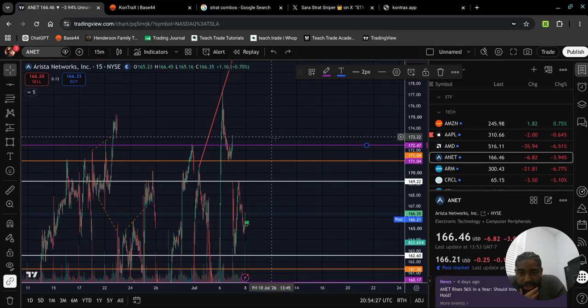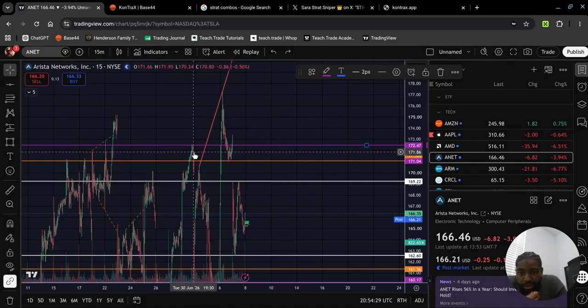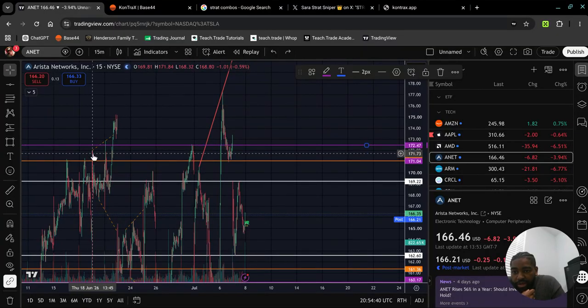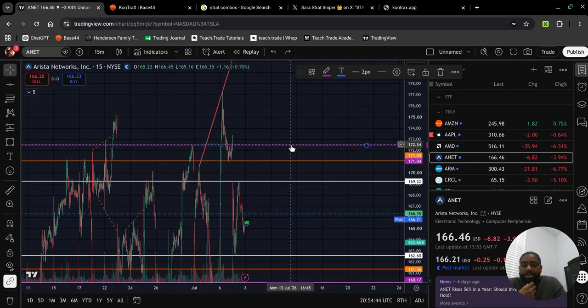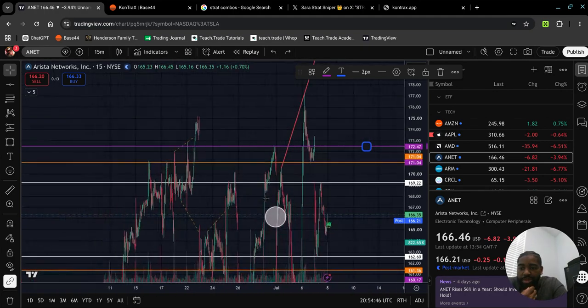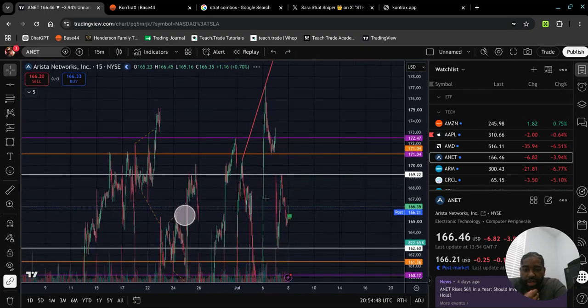The reason I put my target two there is, number one, we already showed that this was a potential resistance point in the past. If we come on over again, it was a little bit of a resistance point right here. This here got close to it. That's letting me know that's a pretty safe point to possibly have my target two at.